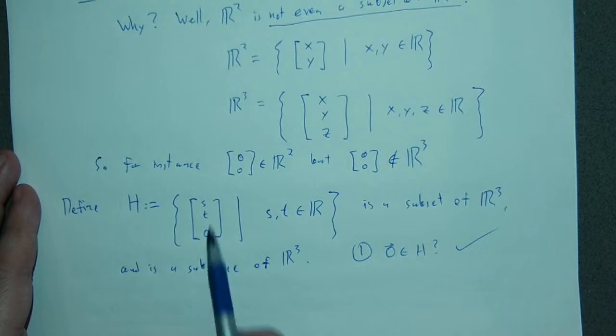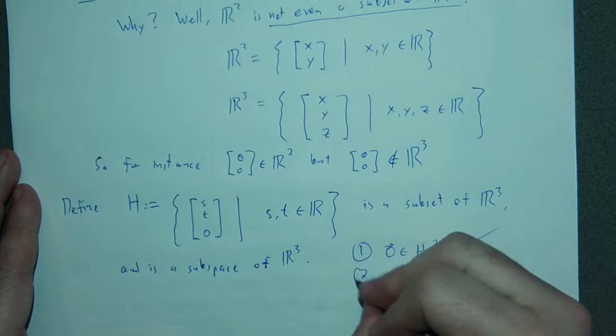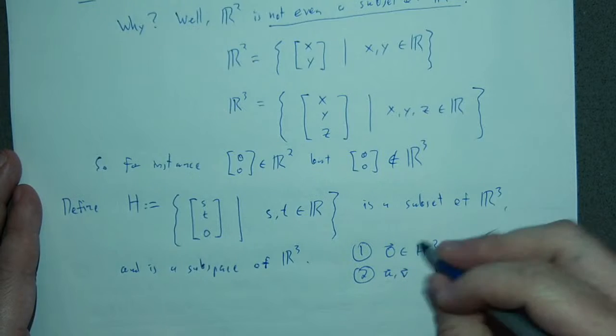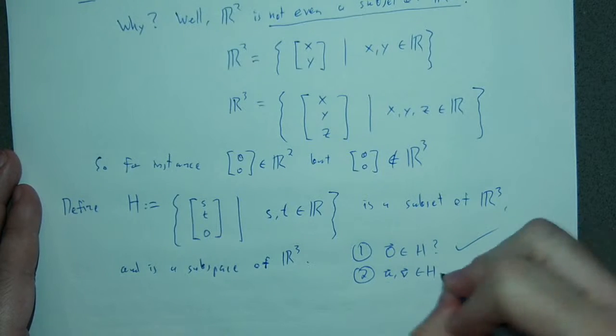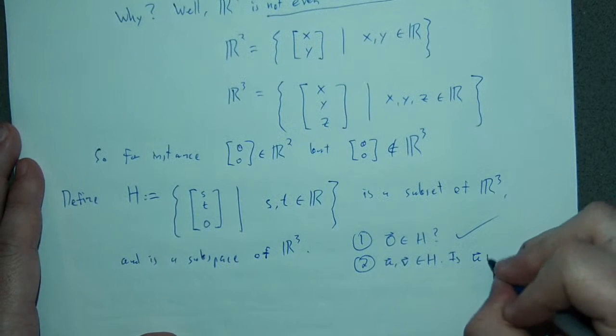The zero vector is in H because (0, 0, 0) is a vector such that the first two entries are in R, so it's definitely in H. Okay, and so the second thing, let u and v be in H. Is u plus v in H?